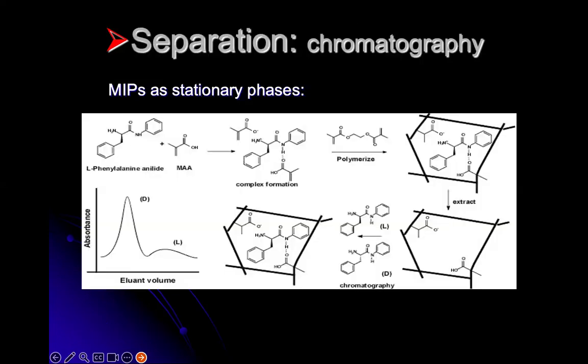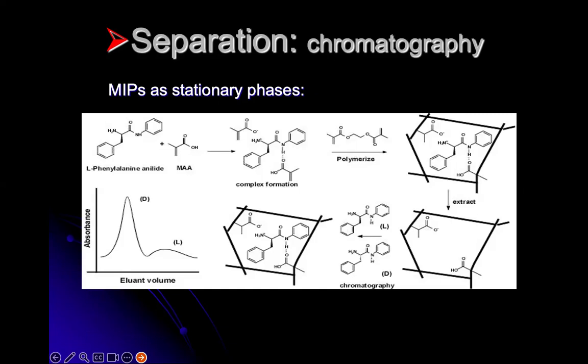Okay, so this is the most important application of imprinted polymer: chromatography. It is designed to be the column of the chromatography if you wish to separate specific molecules.